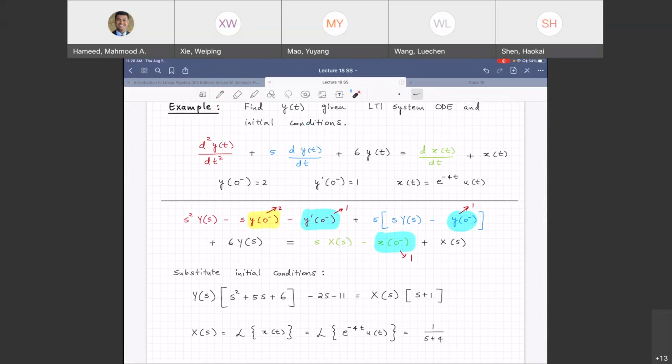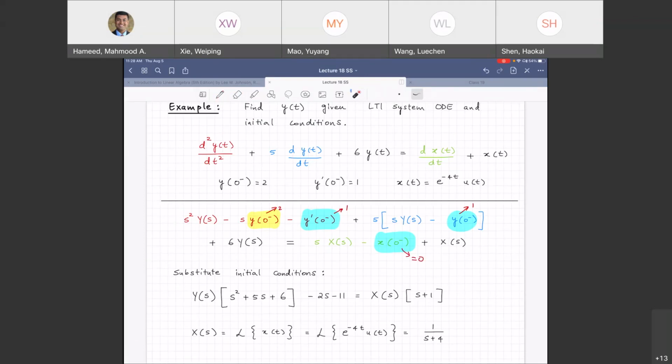So if you put in all those things, so go ahead. Oh, you're right. Because of the u of t, this goes to a 0. It's only defined for time greater than 0.